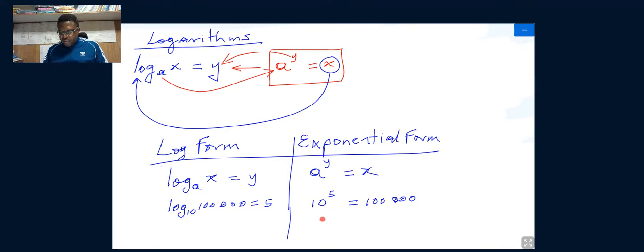Let us do one more example. If you have 2 to the power 3, we know it is equal to 8. Now, this is the base, and we want the log of 8.